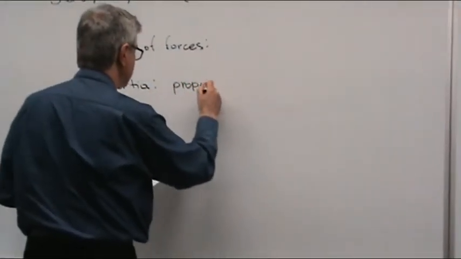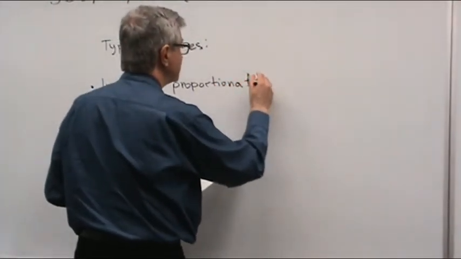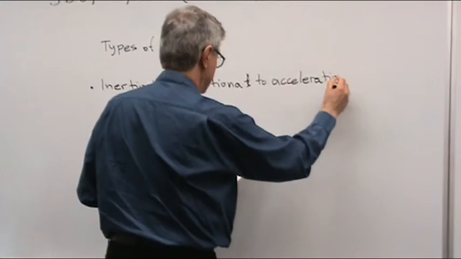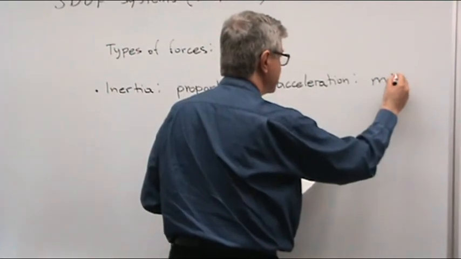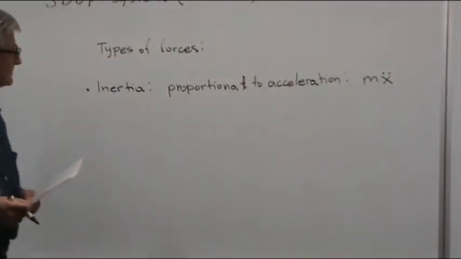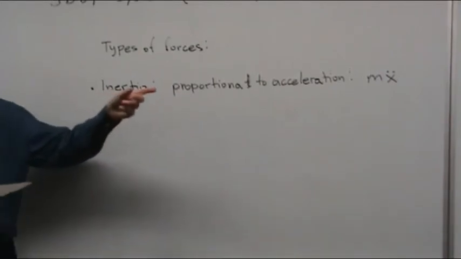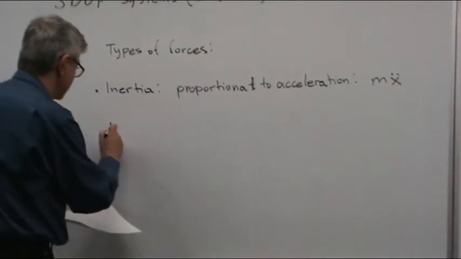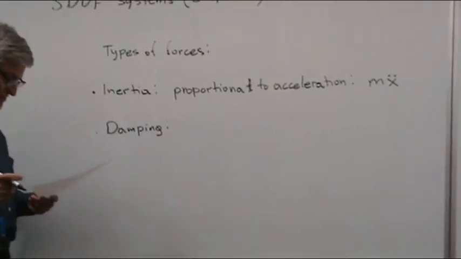So proportional to acceleration. And this is, as an example, m x double dot, okay? So you have one term, or a group of terms, if you have multi-degree of freedom systems, for which forces are proportional to acceleration. Then you have damping. Damping forces are proportional to the velocity.